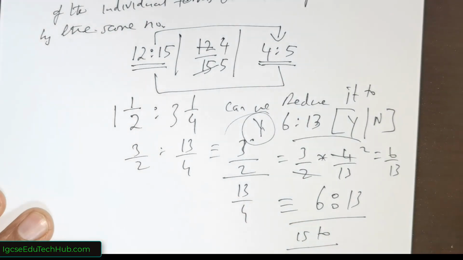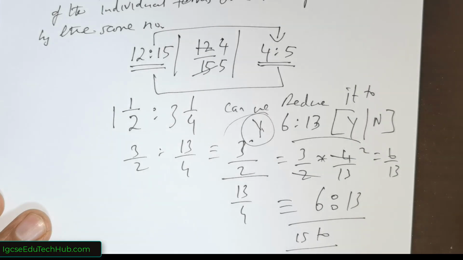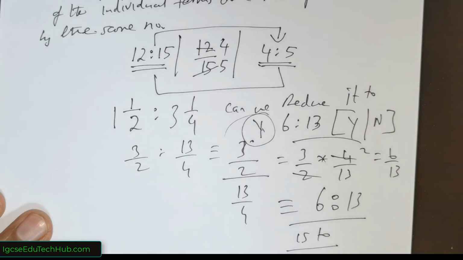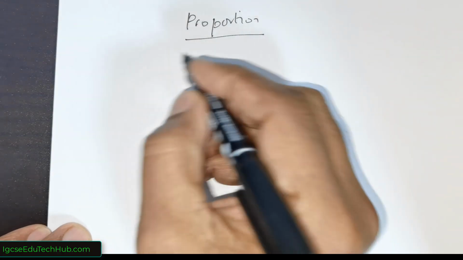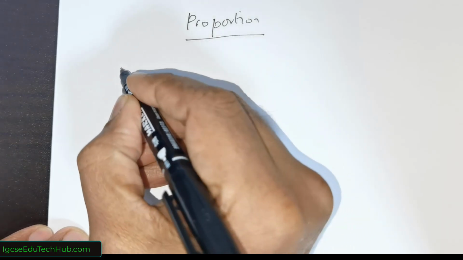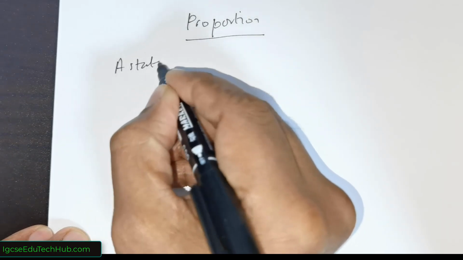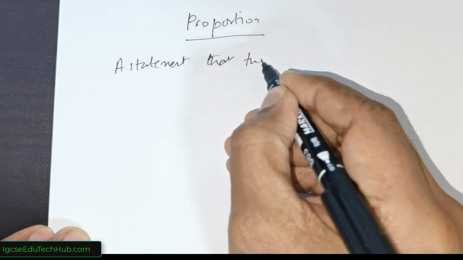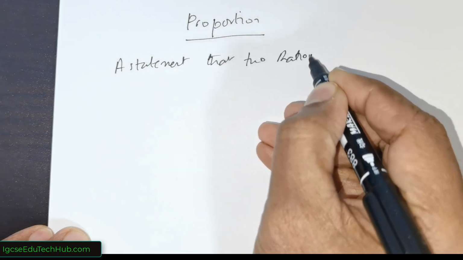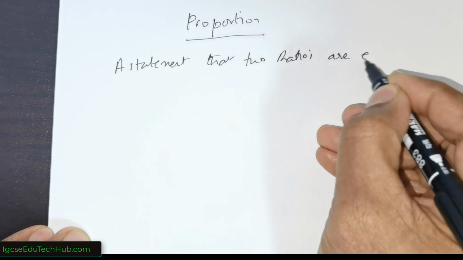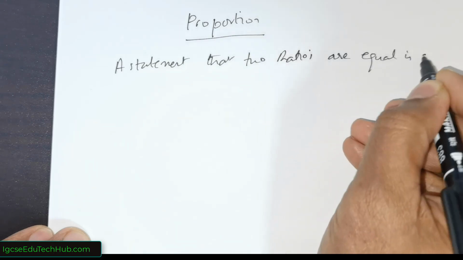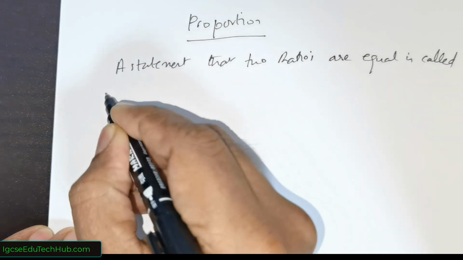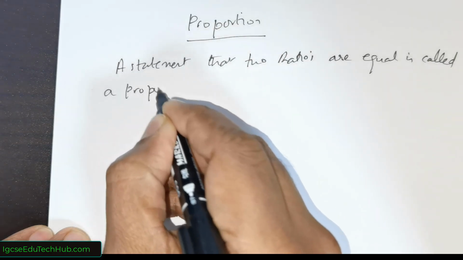So having given you this information, let's now understand the term proportion. The statement that two ratios are equal is called proportion.